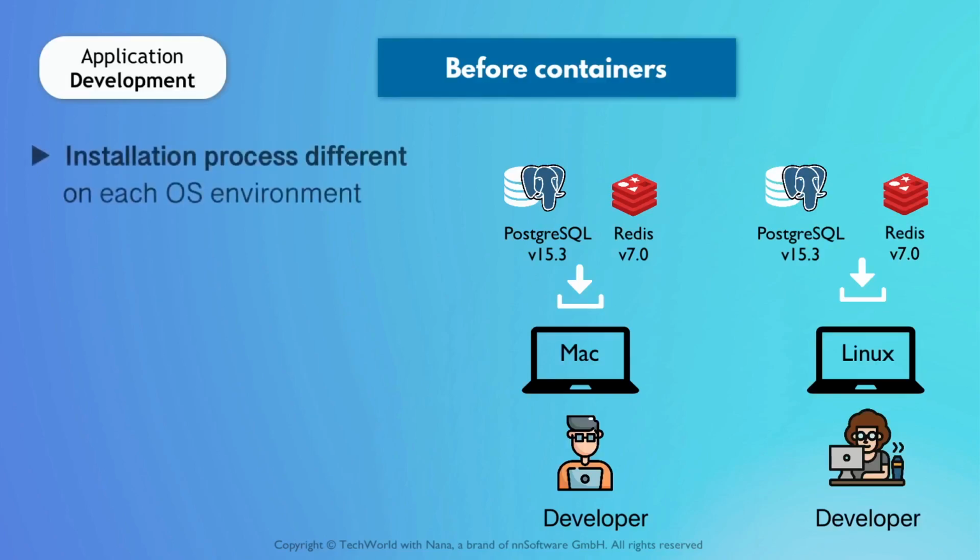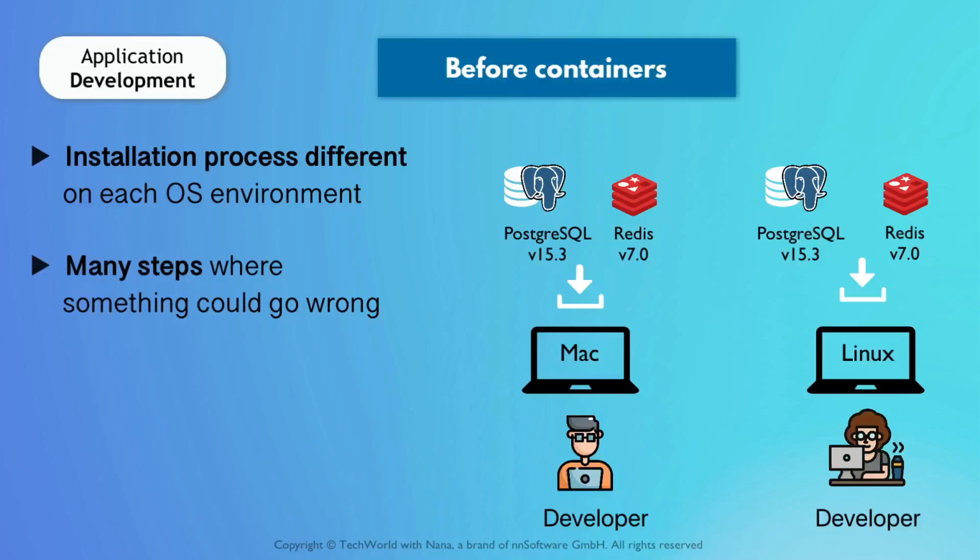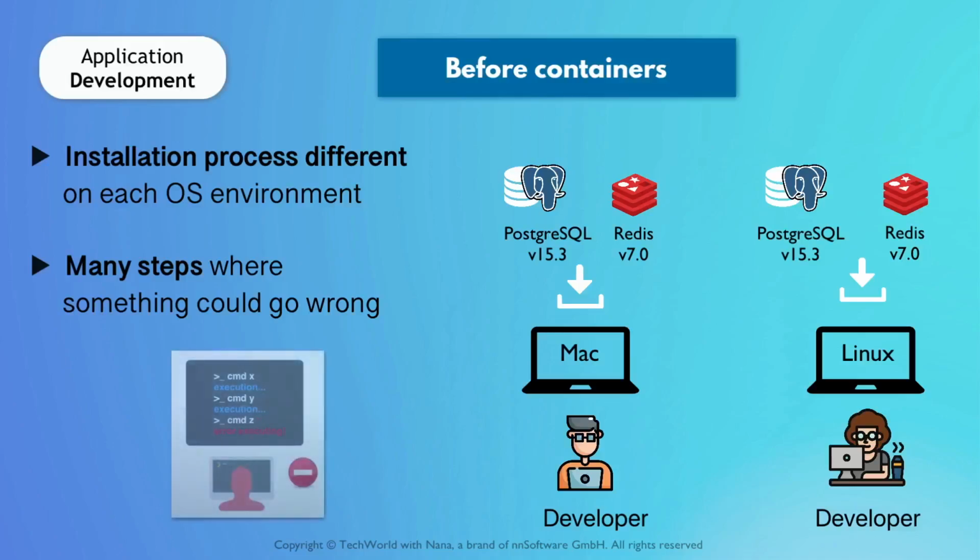And depending on which operating system they're using, the installation process will look different. Also, another thing with installing services like this is that you have multiple steps of installation. So you have a couple of commands that you have to execute, and the chances of something going wrong and an error happening is pretty high because of the number of steps required to install each service.